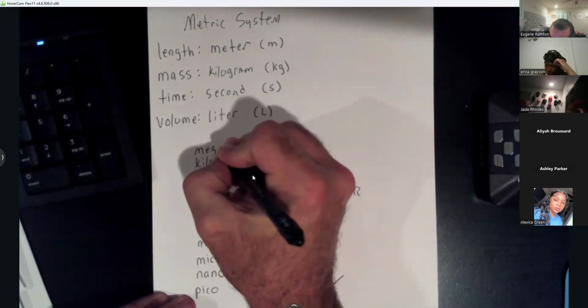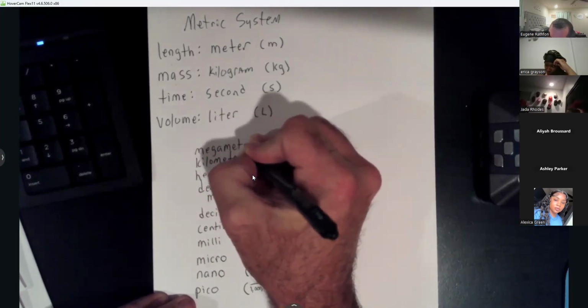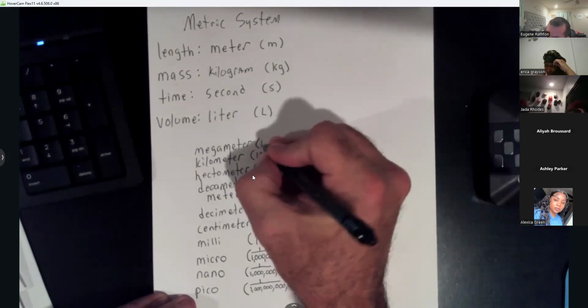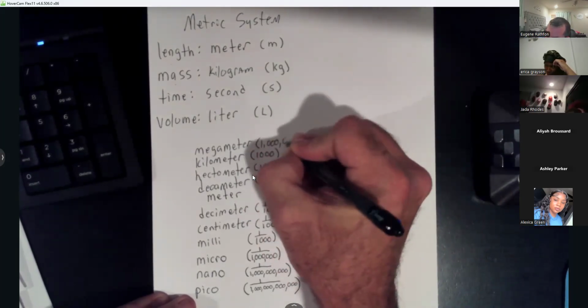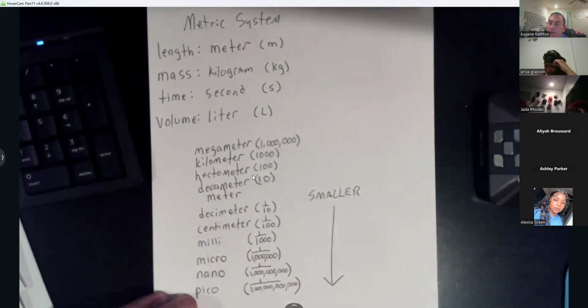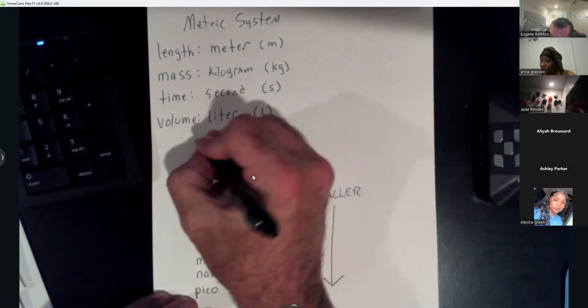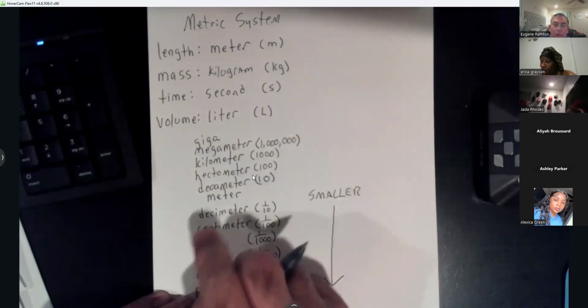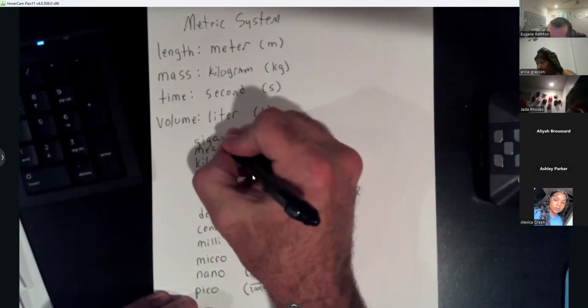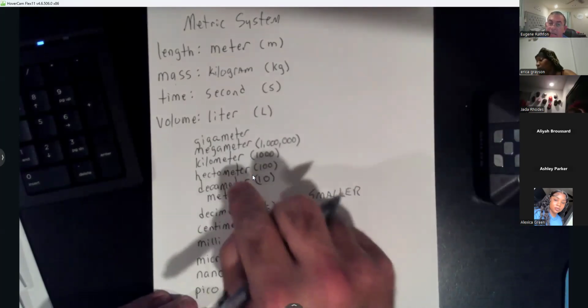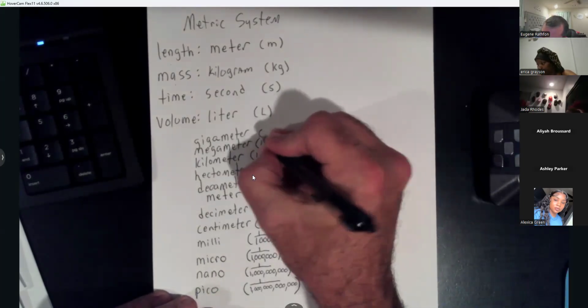Megameter is like 1,000,000 meters. Giga. So y'all hear stuff like gigabytes and stuff. So giga is 1 billion.